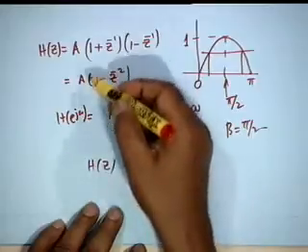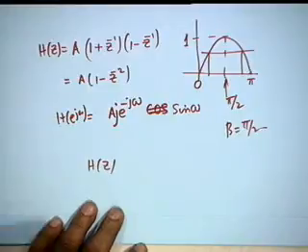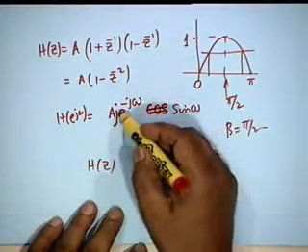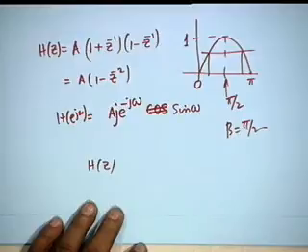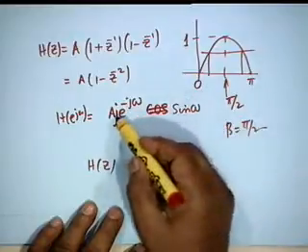Agreed? So my H of z, oh, you did not tell me what this capital A should be. Capital A should be half, not 1/4. Isn't it right? I have made a mistake here.